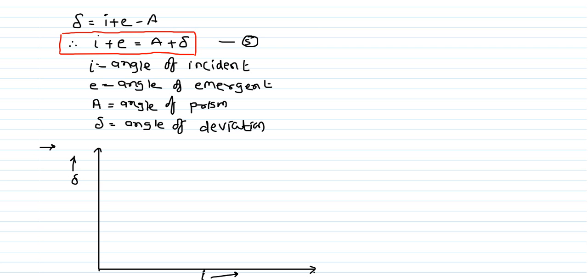So the diagram is like this. Just focus here. As we increase the angle of incidence, the delta goes on decreasing. It decreases up to a particular limit. After that, when we keep increasing the angle of incidence, it goes on increasing, right.